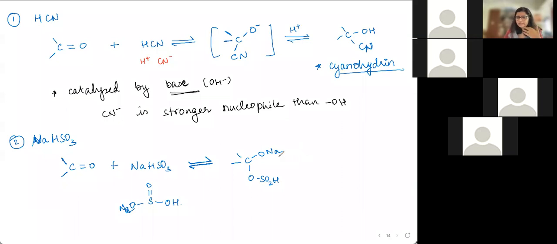So in this kind of case, there's going to be something called a proton transfer. So this is going to rearrange itself to form this product.